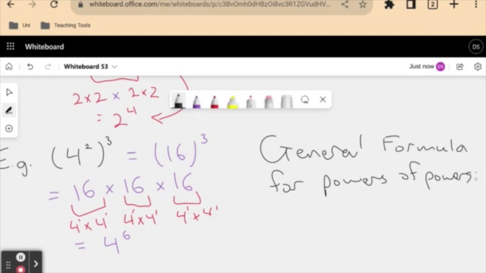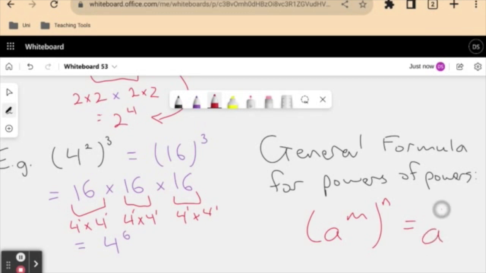So general formula of powers of powers. Well, what did we just observe? We observed that some base a to the power of m, when all of this inside the brackets was raised to another power, n, was the same effect of just leaving our base a and taking a product of these two values here.